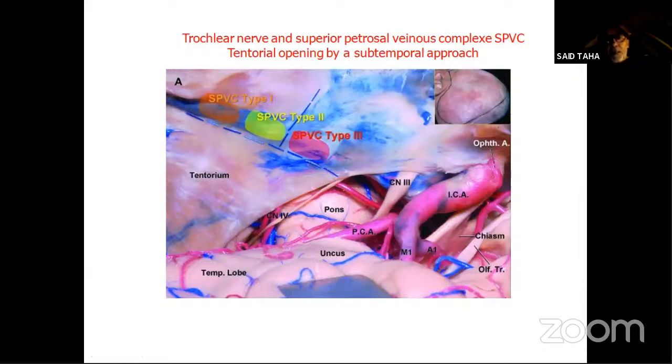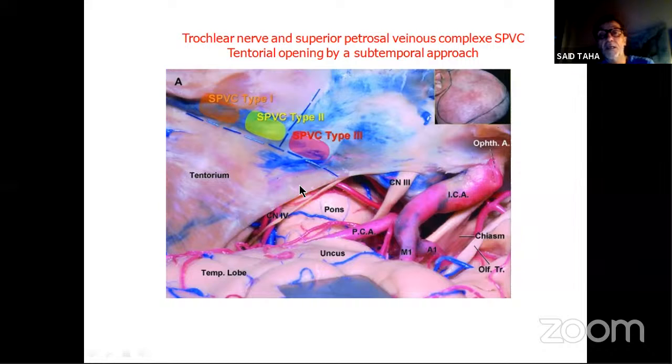Here again, we should know the superior petrosal venous complex before cutting the dura. Is it anterior, medial, or posterior? Before opening the dura and exposing the infratentorial portion.